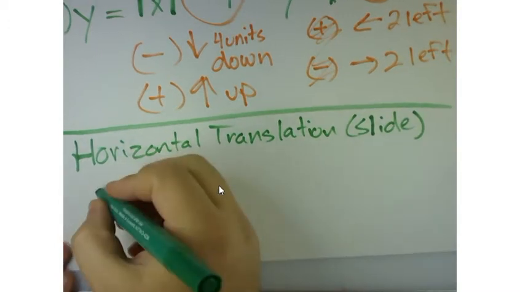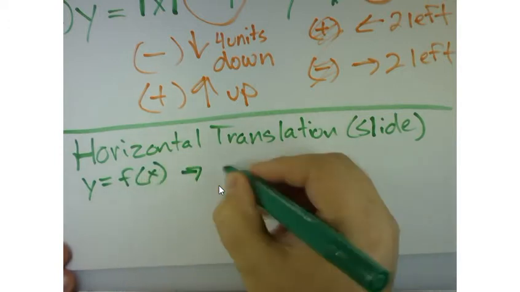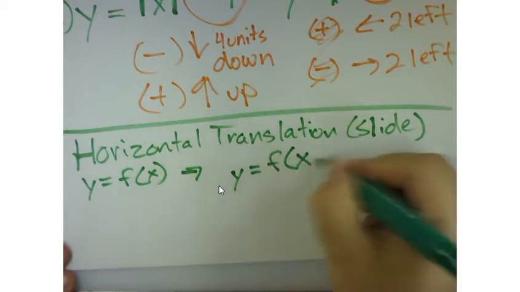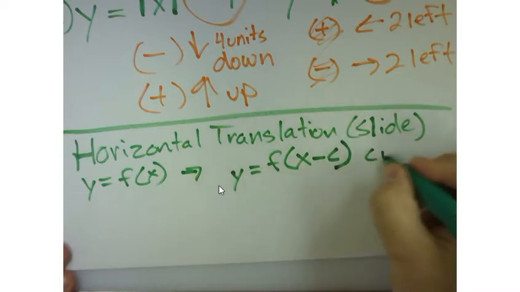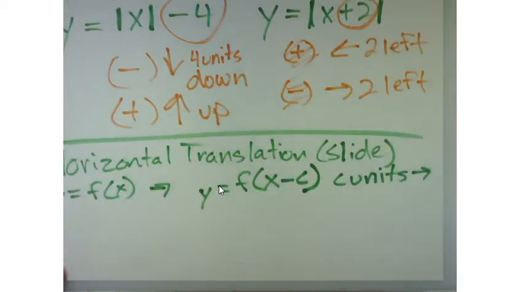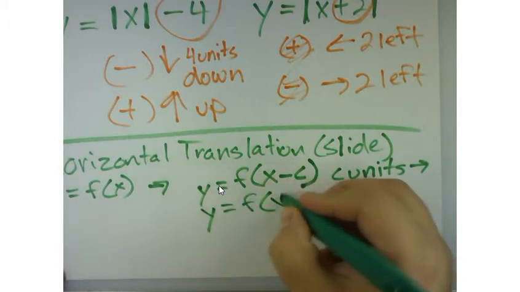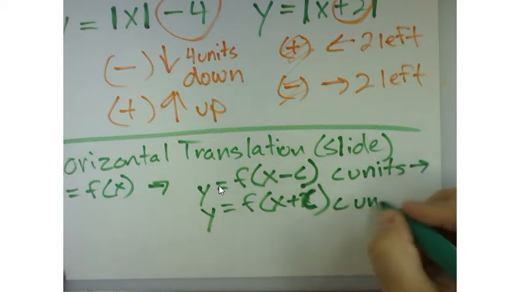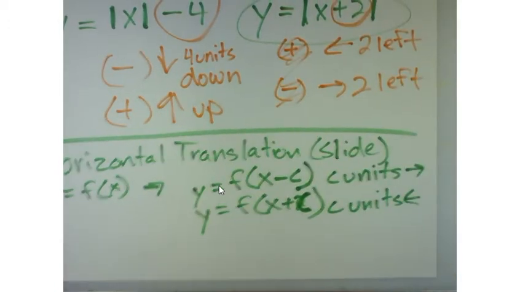If we start with y equals f of x, and I say y equals f of x minus c, then it's going to go c units to the right. If I say y equals f of x plus c, then it's going to go c units to the left. So that's the example for horizontal translations.